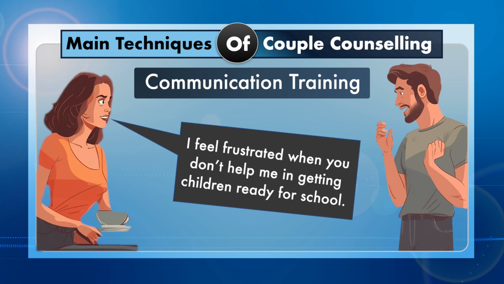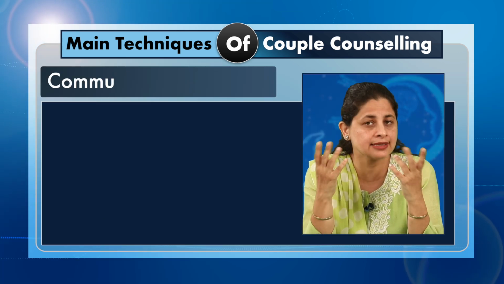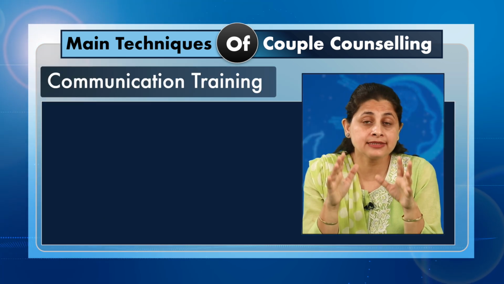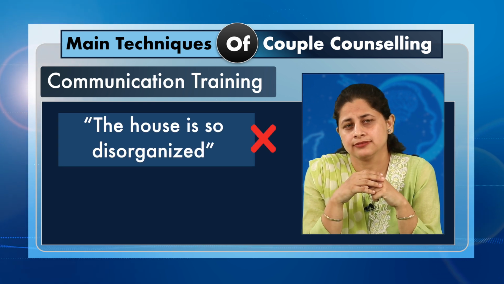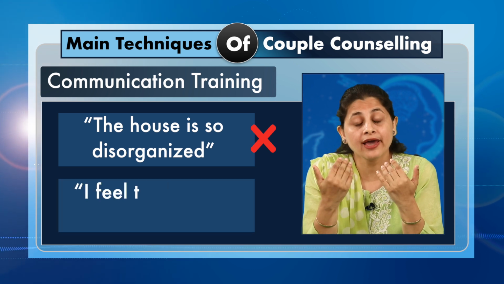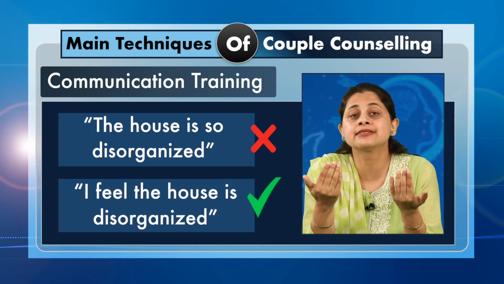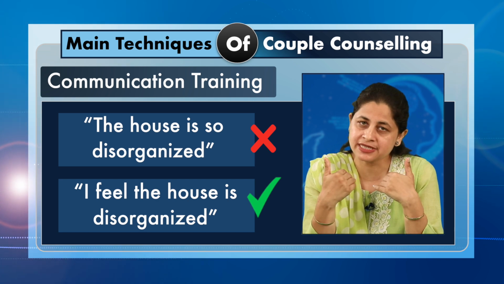So, the couples are guided to state their views in a clear, specific, and subjective manner, as opposed to being objective and generalized. Take another example. Instead of saying, "The house is so disorganized," the individual is encouraged to say, "I feel the house is disorganized," which shows that individual's perception.